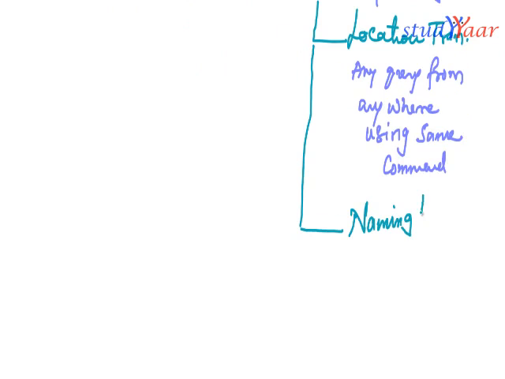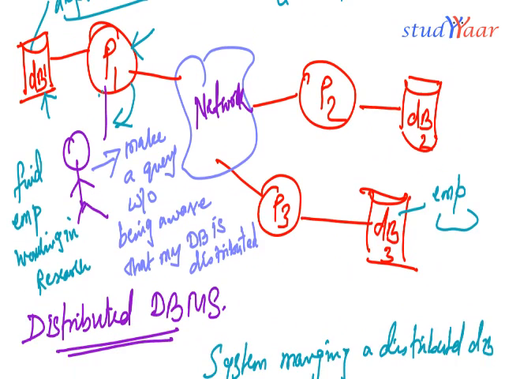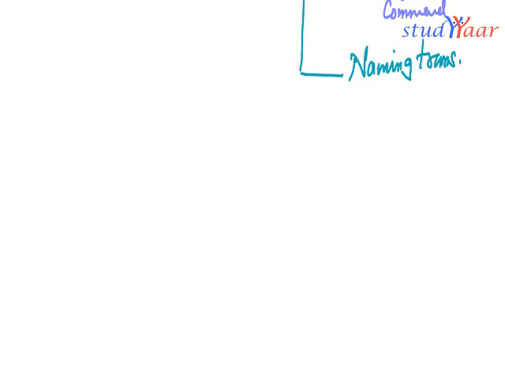Naming transparency indicates that once I have given a name to an object, once I have referred to a particular object, my system is easily able to distinguish that object from amongst various objects and is able to access that object.